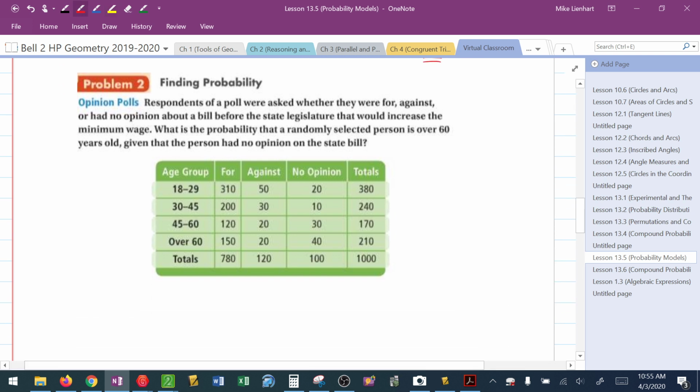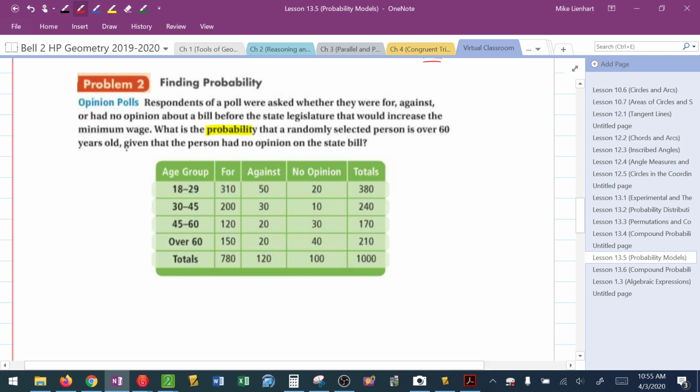Let me show you in a problem what we're talking about. I've got this two-way frequency table. The respondents of a poll were asked whether they were for, against, or had no opinion about a bill before the state legislature that would increase the minimum wage. What is the probability? There's my key. First of all, I know I'm dealing with probability that a randomly selected person is over 60 years old, given that the person has no opinion on the state bill.